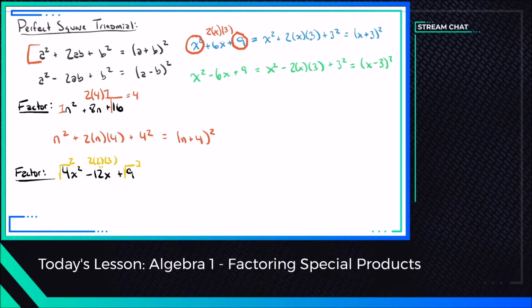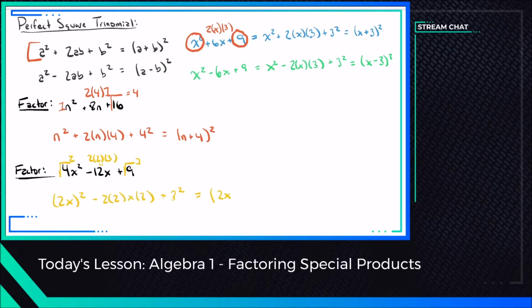So let's rewrite that as (2x) squared minus 2 times 2x times 3 plus 3 squared, which is going to be rewritten as (2x minus 3) squared.